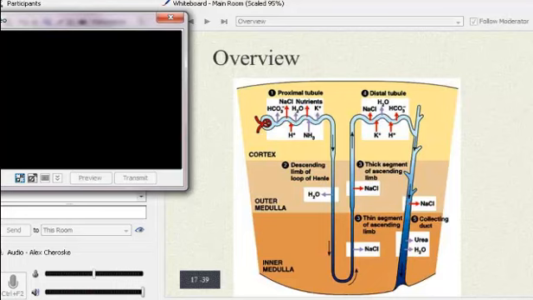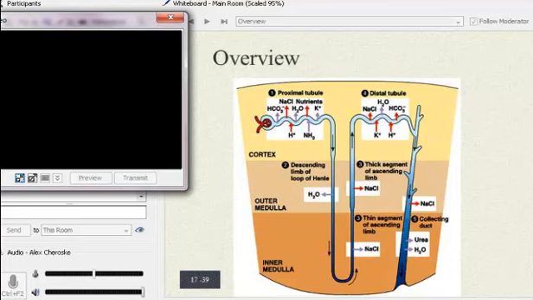When we look at the loop here, we see more water reabsorption. That's actually driven by sodium reabsorption on the other side. As we reabsorb sodium here, the water tends to follow. Even though this is a big figure and it looks like these two sides of the loop are far away from each other, you have to remember that there are 1 million of these per kidney. These loops are right next to one another, so if we pull out sodium over here, the water sees it and follows it.